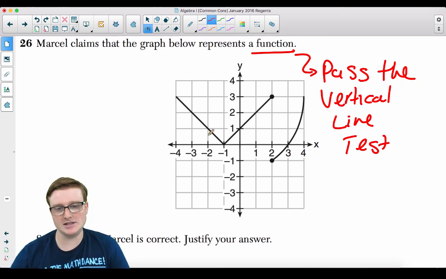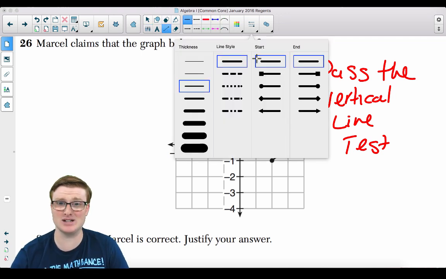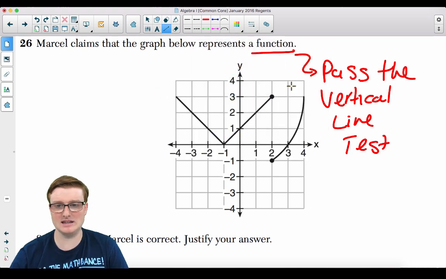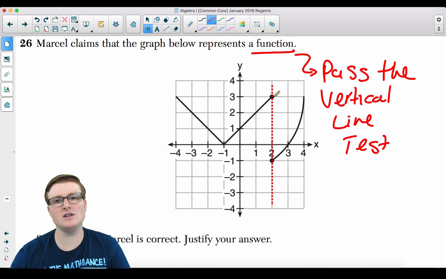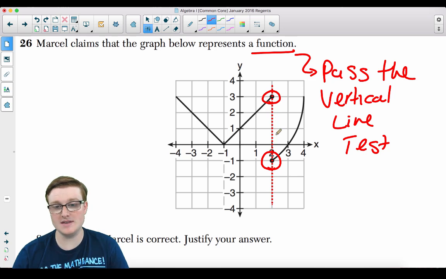I don't see any problems here, but then all of a sudden there's a jump, and I have a little bit of a problem here. There are 2 values of y for one x value. So in this case, the x values repeat. This is x equals 2, and this is also x equals 2.